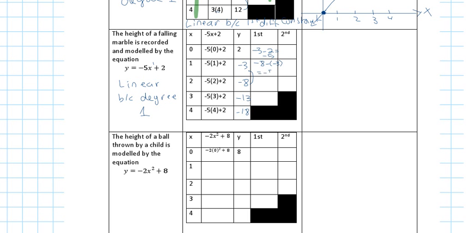And negative 13 take away negative 8, again that's negative 13 plus 8, which is negative 5. And negative 18 take away negative 13 is negative 5. So you see that your first difference is constant. Okay? So again, this is another proof that this is a linear function.